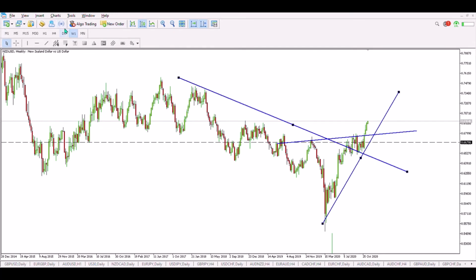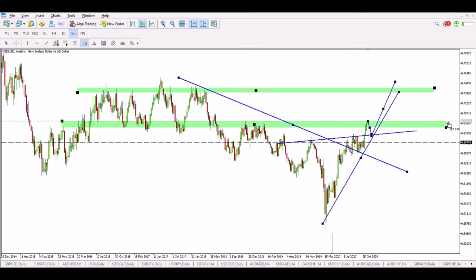Okay, so soon we can have some retest of this support area, and from there another push to the upside, probably to this resistance zone area right here. Also right now we are in a resistance area, so this scenario is very possible to happen.